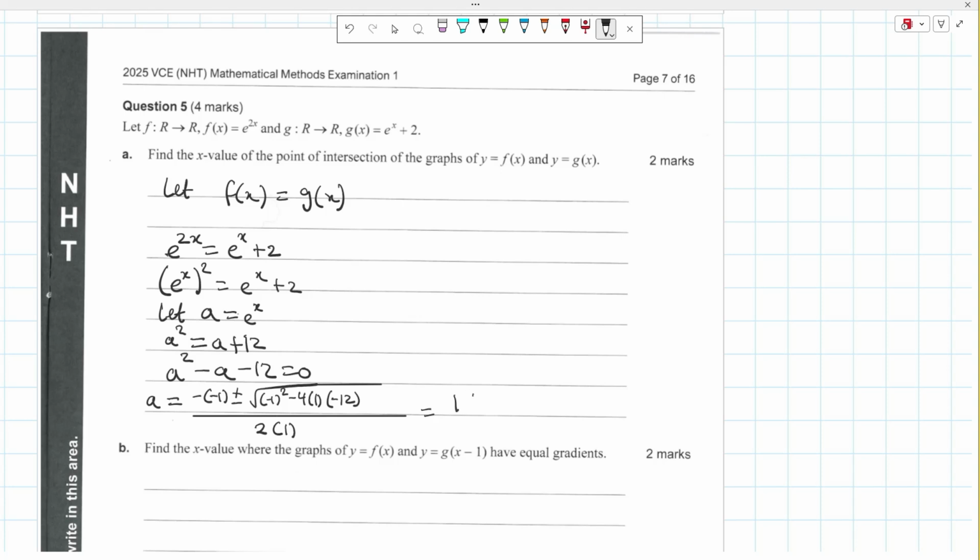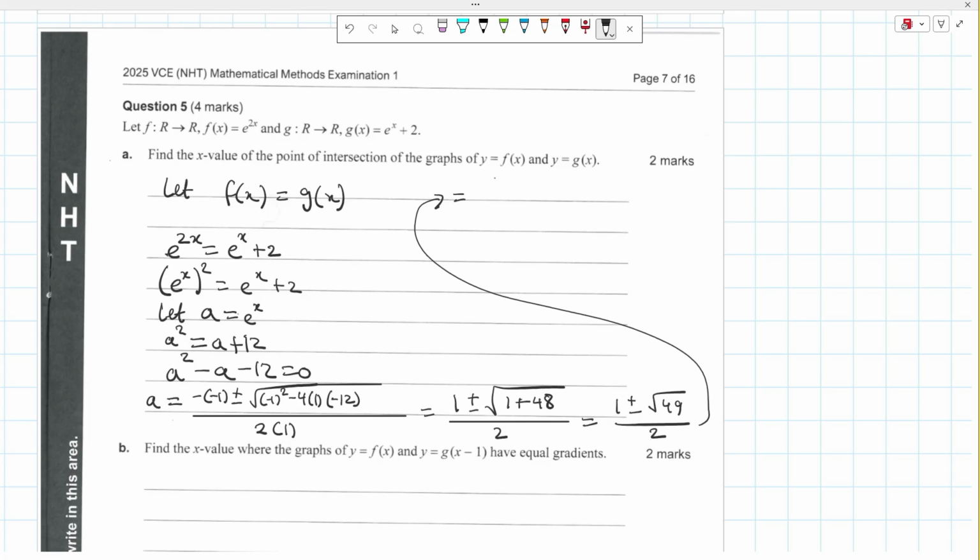So we get 1 plus or minus the square root of 1 plus 48 divided by 2. 1 plus or minus the square root of 49 divided by 2. Right, square root of 49 is just 7. So 1 plus or minus 7 divided by 2.